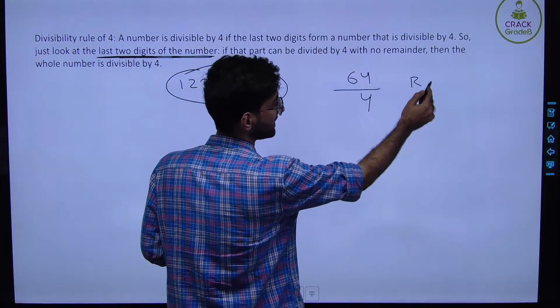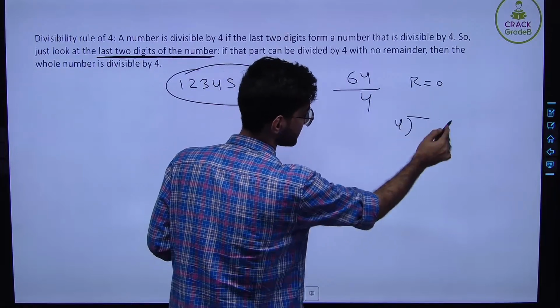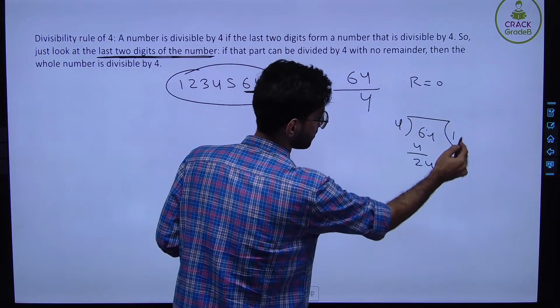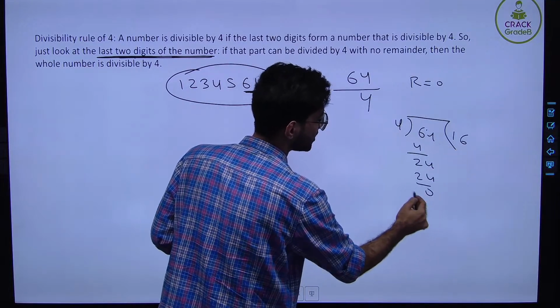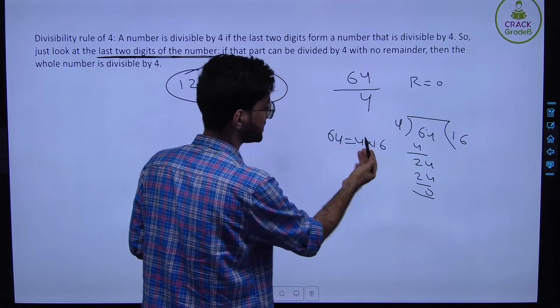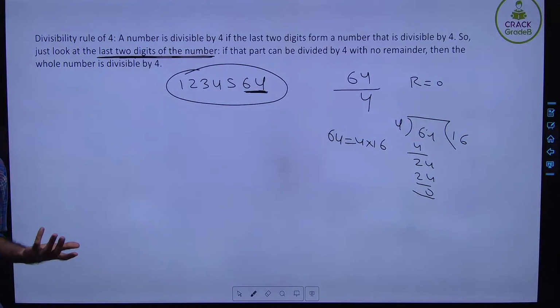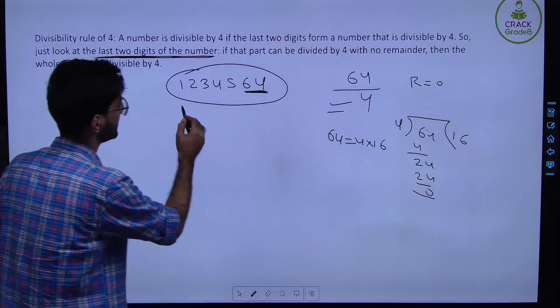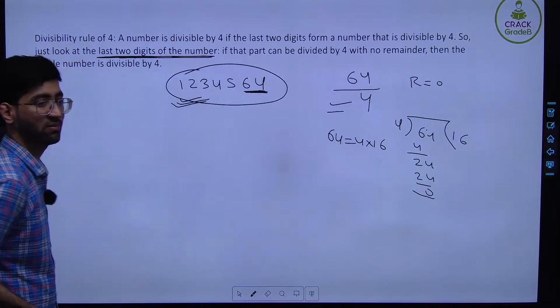You will get remainder 0. You can check it, or you should also be able to think in this way: 64 equals 4 into 16, so obviously the remainder is 0. And if 64 is divisible by 4, this number is divisible by 4.